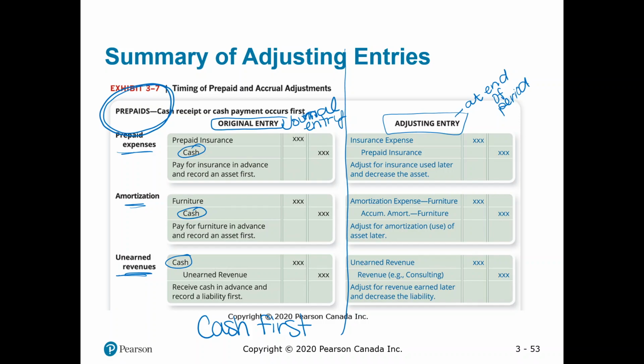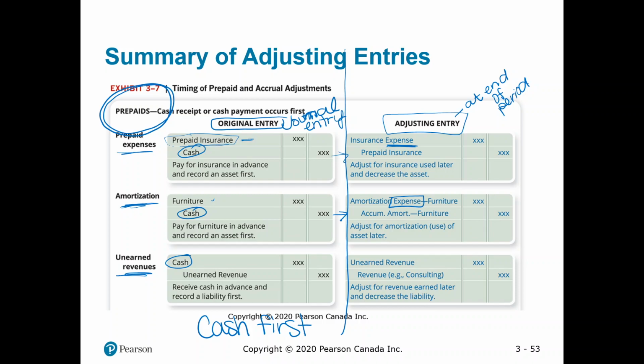So prepaid insurance, we had the benefit not yet, so it went into this asset account when we first paid it. But then as the months or years go on, we have to record the expense as that has incurred. Same idea with our PP&E and amortization. When we buy it, we've got that future benefit, so it goes into the asset account. But as we use it, we need to record or allocate part of that cost into the expense over the estimated life. So later, we record the expense.